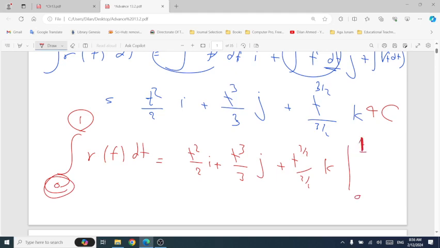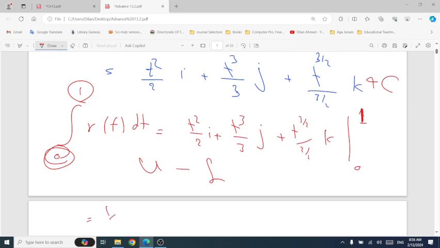And you know how to do it, right? Upper minus lower. So I will get 1 over 2 i plus 1 over 3 j plus 2 over 3 k. Is that clear? How about the other? Minus 0, 0, 0. So I'm not going to write it.